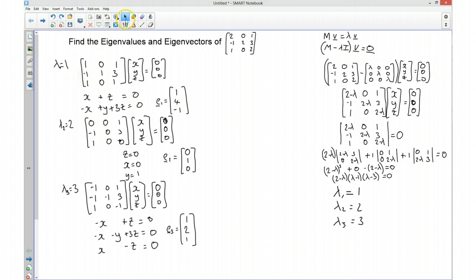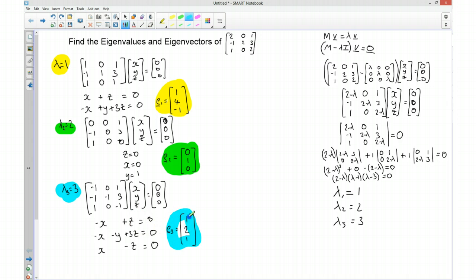Okay, so if you have a look at this, I've got my eigenvalue over here. When lambda is equal to 1, that's the corresponding eigenvector. And this one corresponds to this one over here, and this one corresponds to this one over here. So what this is actually saying is that I've got a line of invariant points here, 1 for negative 1.